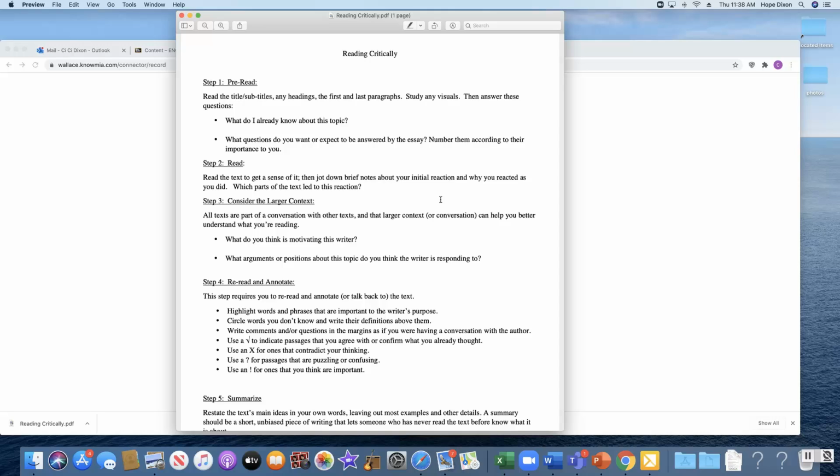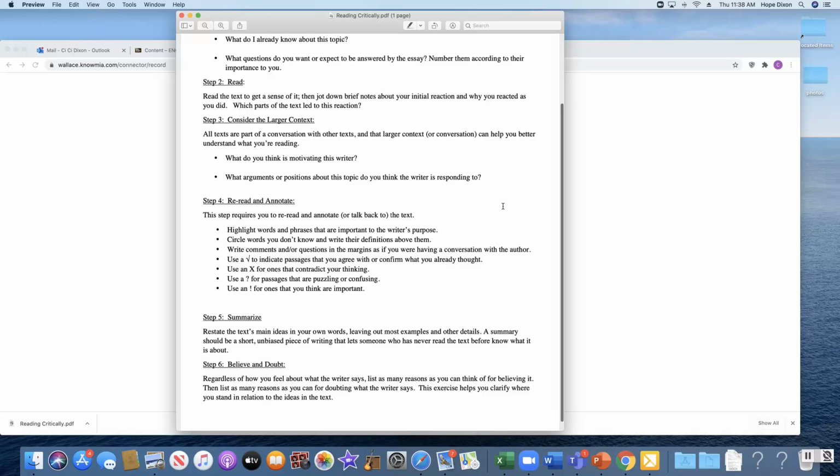And then after you do that, it's time to pick up a highlighter or a pen and get really serious about rereading the article. Now, if you are rereading this electronically, that is completely fine. Go ahead and pull it up and use those annotation tools that you have.